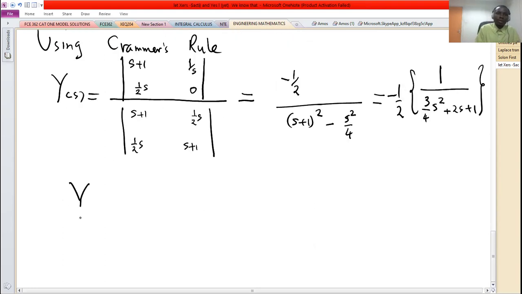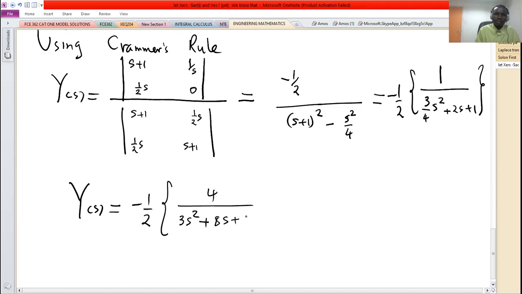So Y of s is the same as negative a half, and I can rewrite this one as 4 over 3s squared plus 8s plus 4. It is not hard to convert this one into this form here.